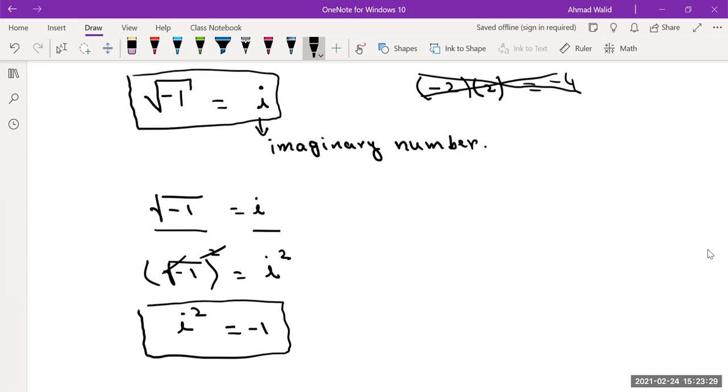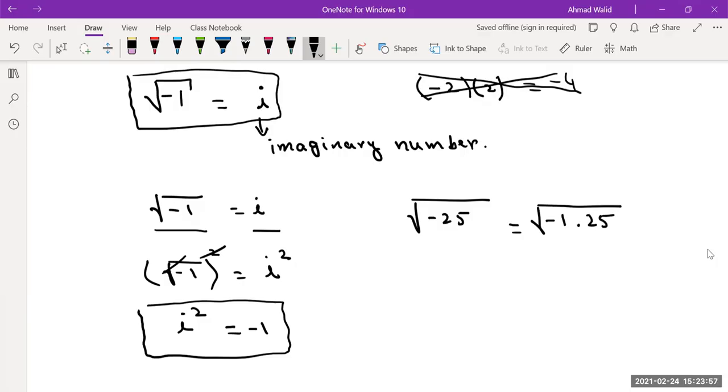Now, simple problems, how to find the square root. I will show you in more detail, but later you don't need to write all these steps. Just immediately answer what is the square root. For example, what is the square root of negative 25? How to find the square root of negative 25? I will rewrite negative 25 as the square root of negative 1 times 25. Can I do this?